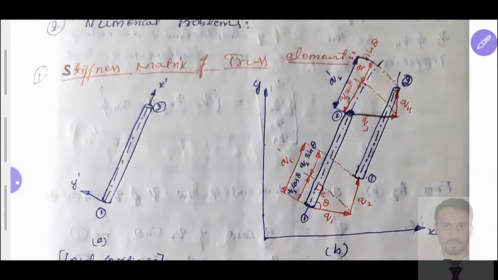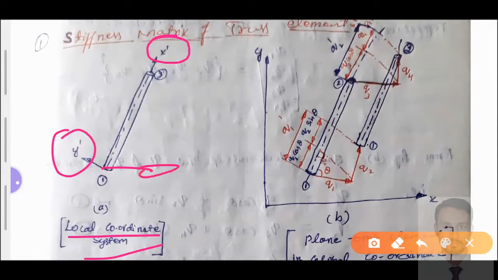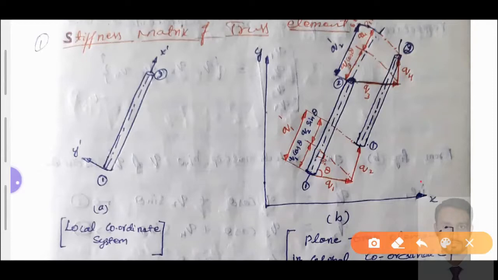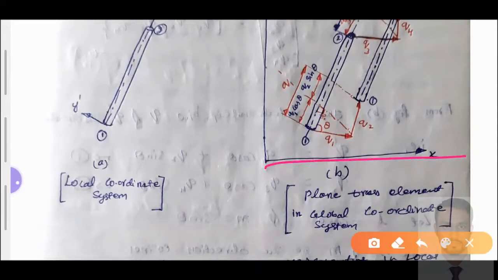What I have considered is called any truss element, represented in a local coordinate system, y dash and x dash. Any displacement that occurs at this node, or at this node, or in any direction, that q is represented with a dash and is said to be a local coordinate displacement with respect to the local coordinate system. Similarly, if I represent that bar element in a Cartesian coordinate with a global system, you can see the global coordinate system is this one.